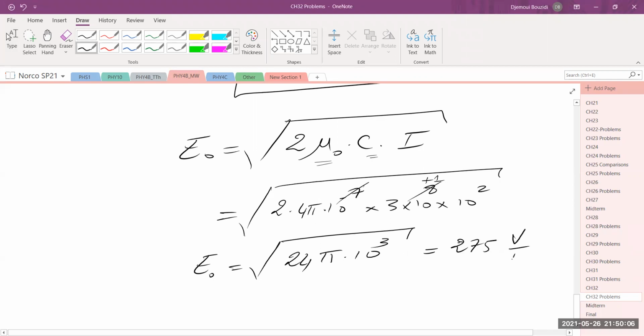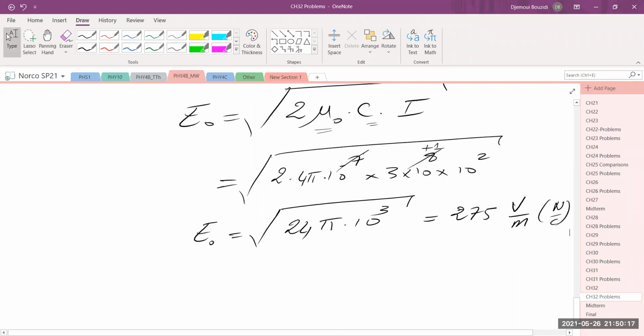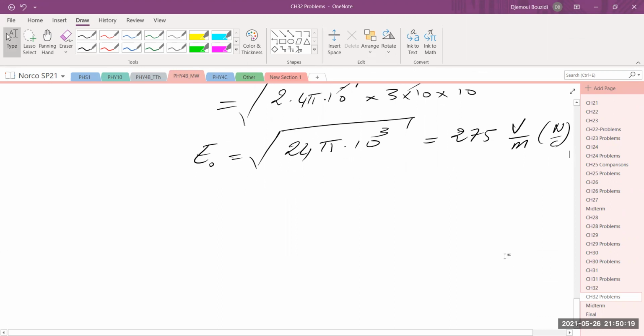Remember, sometimes we use newtons per coulomb, which is how we defined the electric field the first time around. But after that, we use volts per meter as the standard unit for the electric field. So it's a good strong electric field, because now we're dealing with a big, strong signal. A laser beam basically focuses the energy. That's why it's really bigger now.